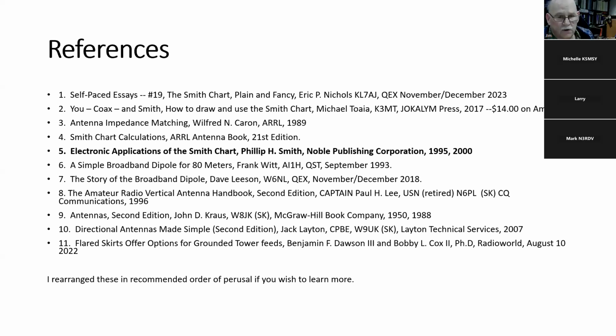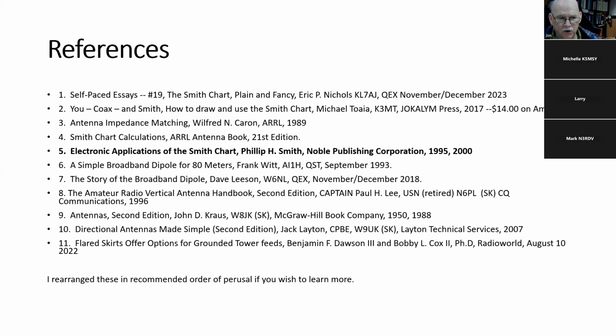The next reference is Coax, and Smith: How to Draw and Use a Smith Chart by Michael Toia, K3MT. It's only $14 on Amazon, and that price is based on what I looked at today. What I find most useful about this reference is it's very intuitive, and it tells you how to start with a clean sheet of paper and create a Smith chart.